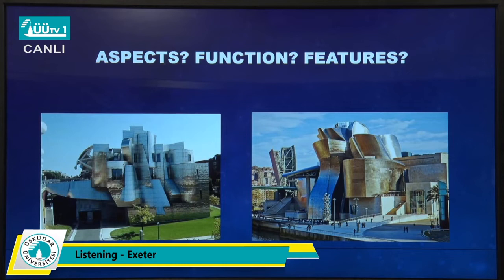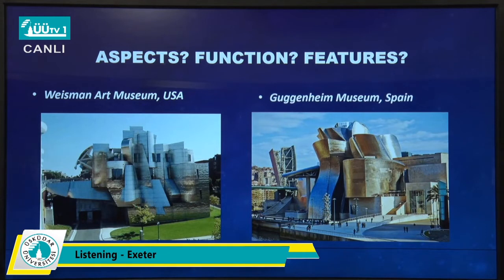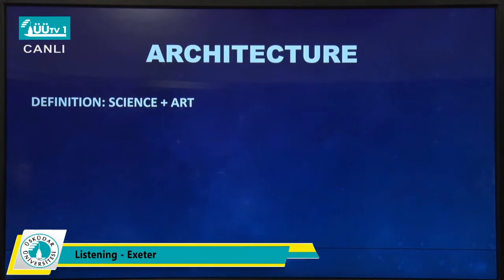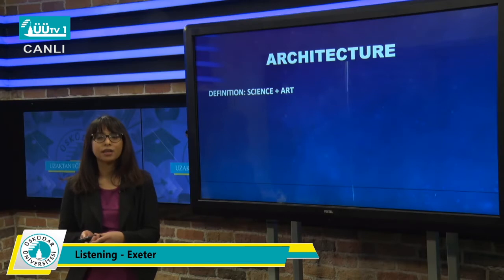For your information, the one on your left is the Weizmann Art Museum, and this one is the Guggenheim Museum in Spain. Now let's look deeper into what architecture is. It is understood that architecture is a combination of science and art.